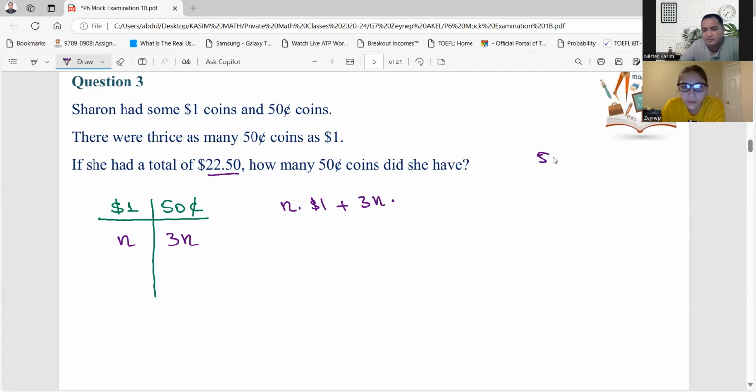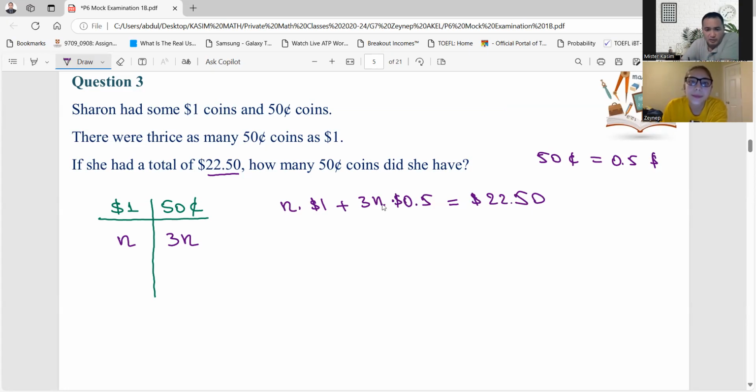First, I need to convert 50 cent into dollar. 50 cent equals how many dollars? 0.5, right? Yes. 0.5. So here we have $0.5, equal to 22.50.